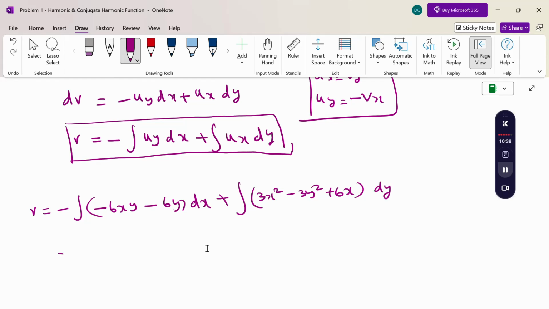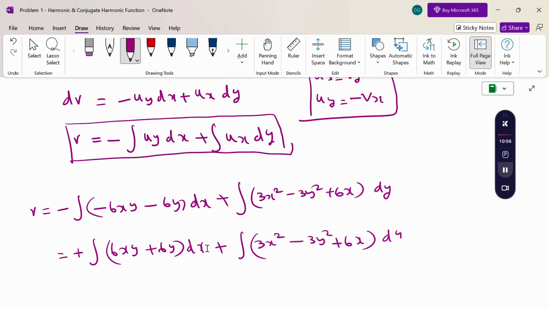Now to integrate with respect to x: when I take minus common, it becomes plus integration of 6xy plus 6y into dx plus 3x square minus 3y square plus 6x into dy.